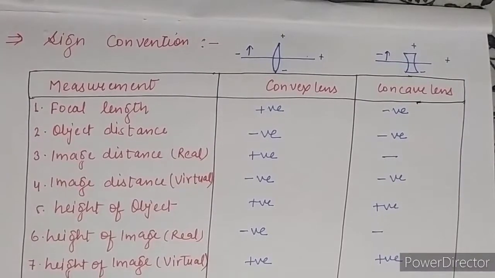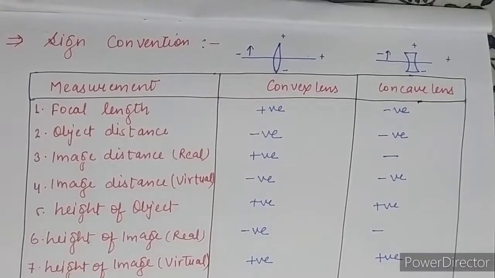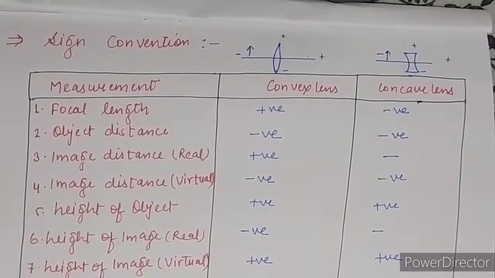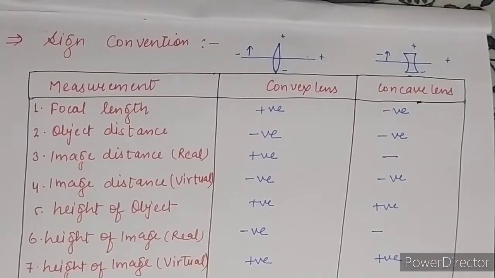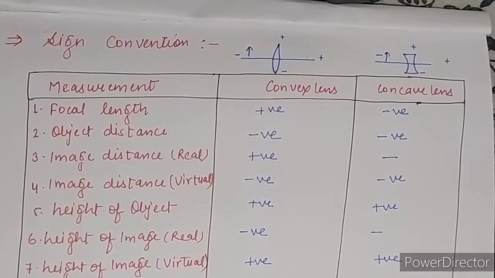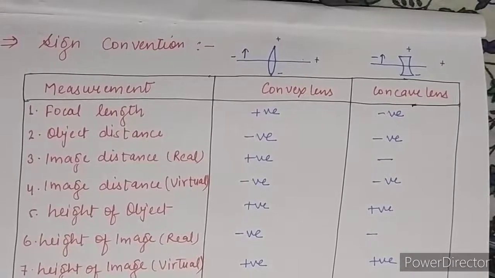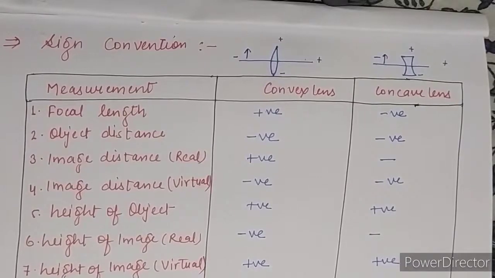Okay, so just learn this sign convention, make the sign convention in your notebook, and understand it, because after getting the sign convention, then only you are able to solve the numericals of the lens, and we will start the numerical portion in our next lecture. With the numerical portion our lens topic will be completed. Then the next topic is prism, the rainbow and all, and after discussing all of that, we move towards the optical instruments, that is our eye.